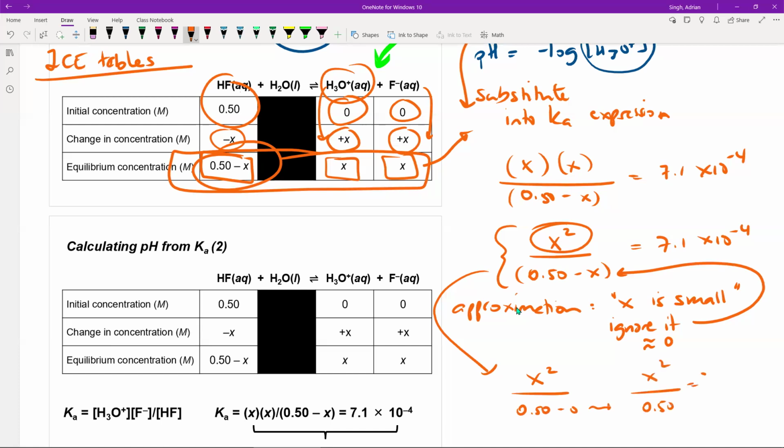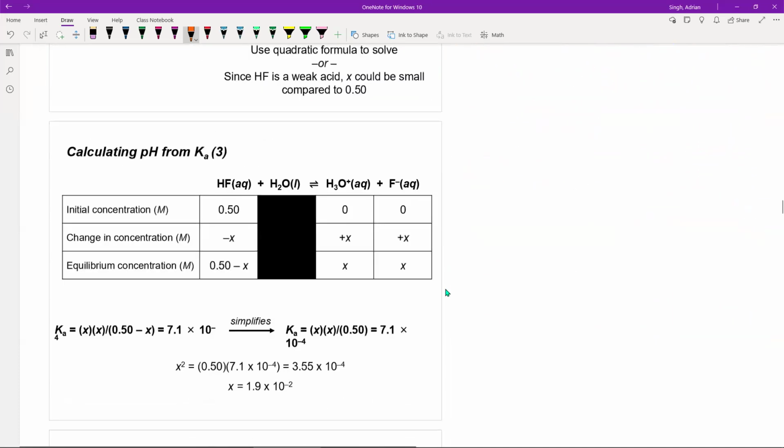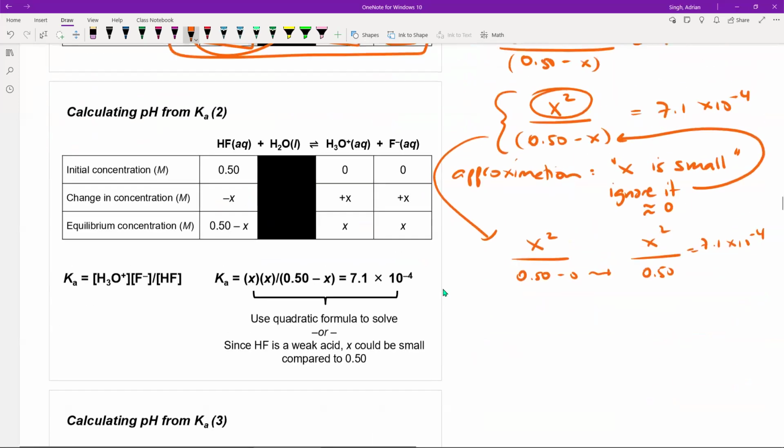X squared on top equals 7.1 times 10 to the minus 4. I solve for X as a result. So X squared is equal to 7.1 times 10 to the minus 4 times 0.50. Then X would be the square root of that entire thing, whatever that happens to be.